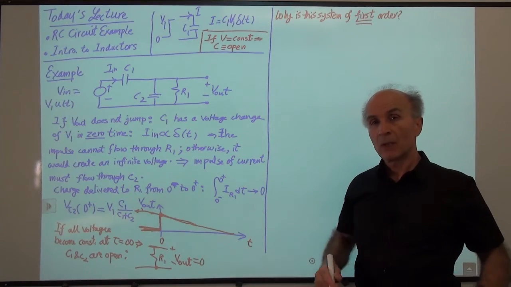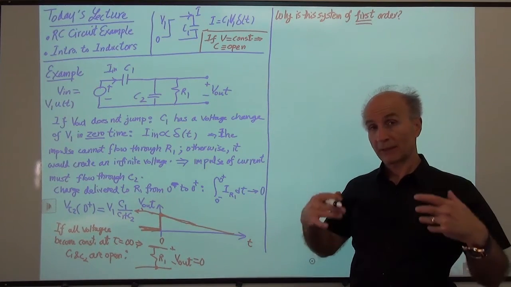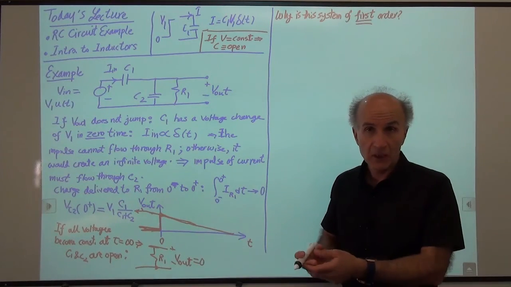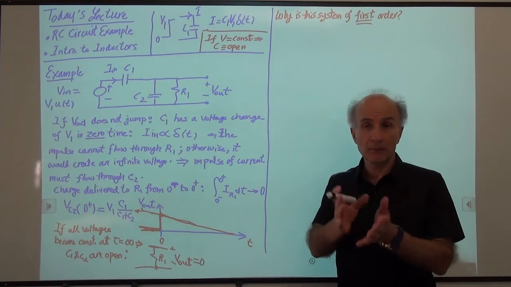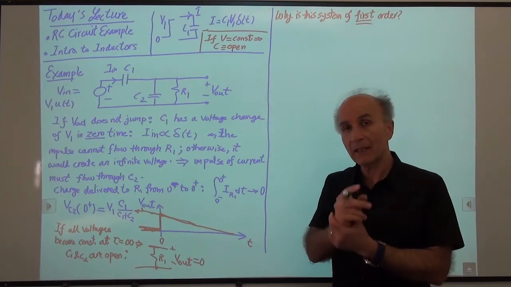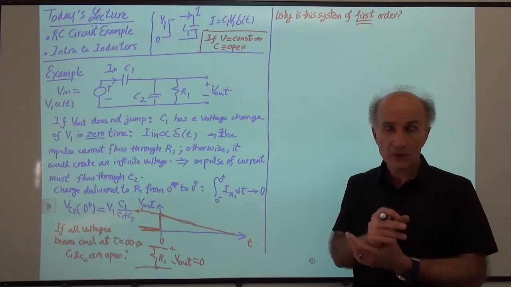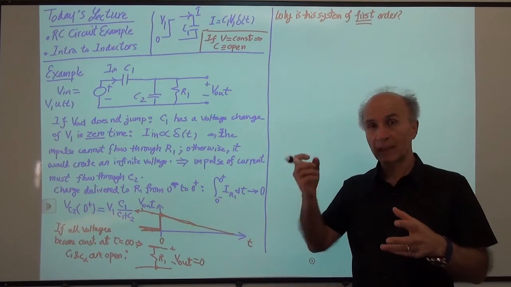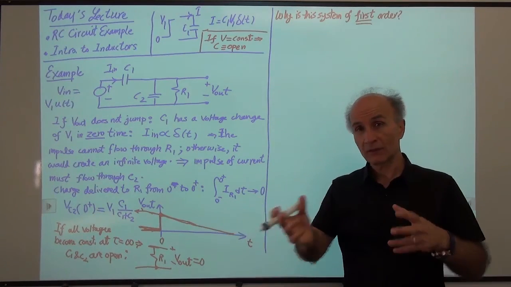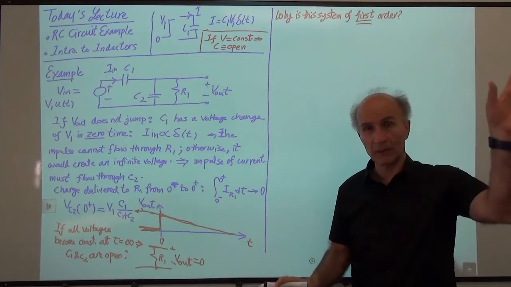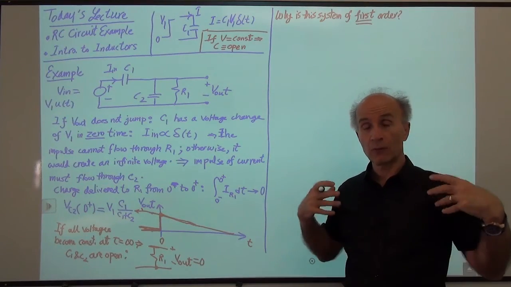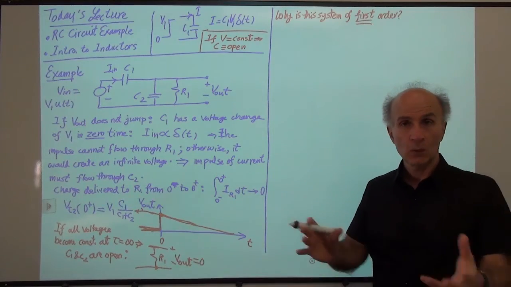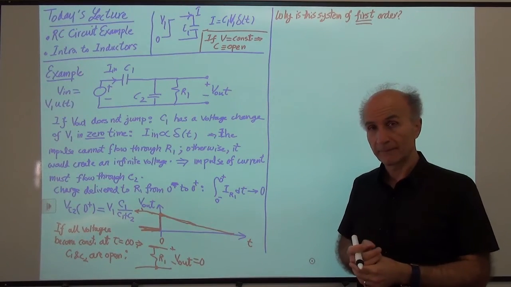We said that when we have a linear system and we write the differential equation for it of order n, to solve this differential equation completely, we need n initial conditions. And those initial conditions have to be independent, meaning that you cannot get one initial condition from the other ones, right? All of them have to be independent. We should be able to enforce all of these n independent initial conditions without any conflict.